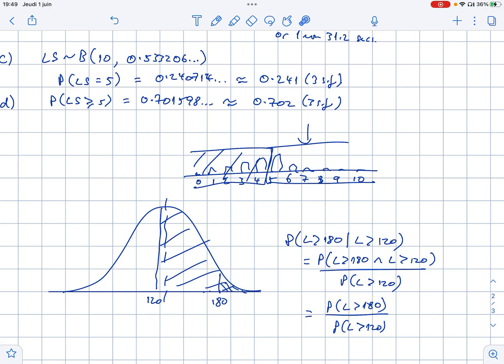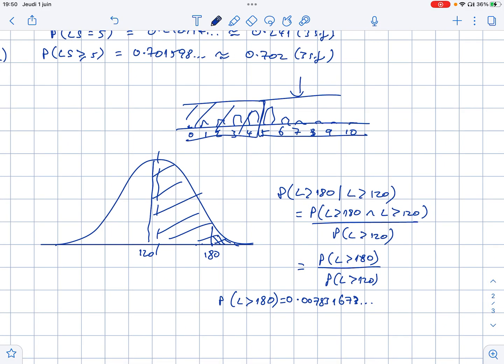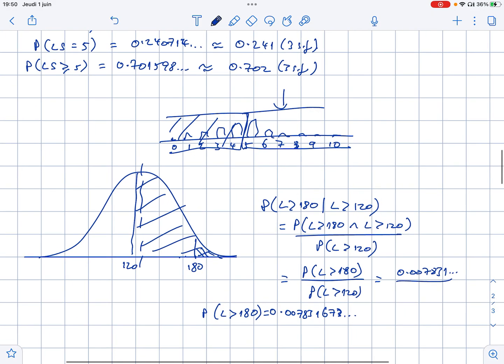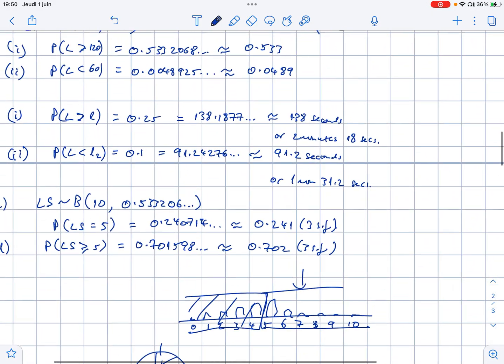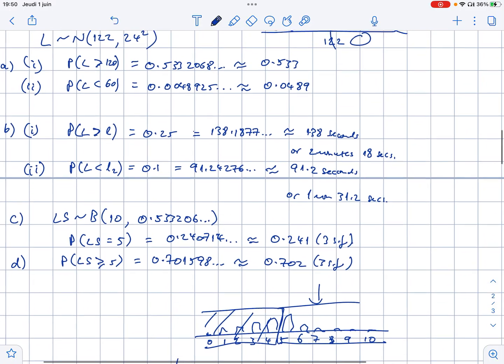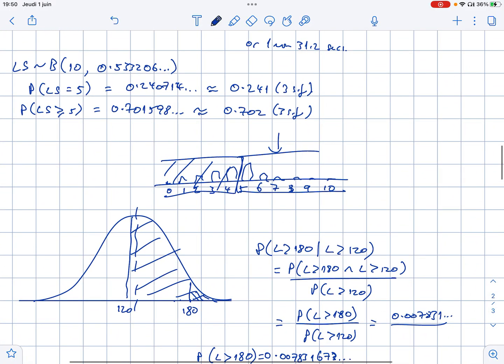So on the calculator, you need to do a CDF of, so probability that L is greater than 180, normal distribution is 0.00783167, etc. And we need to do this one, 0.007831, etc. over the probability of being over 2 minutes, which we've got back here, was 0.5332068.